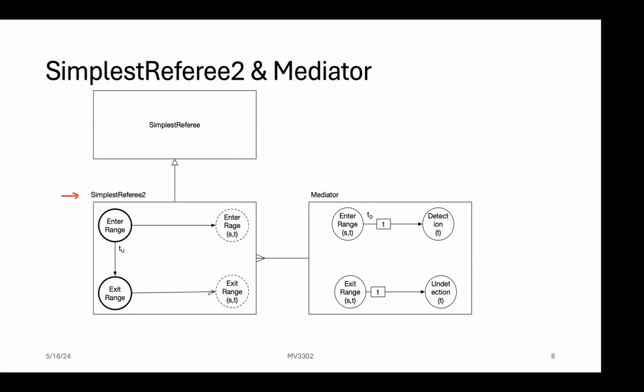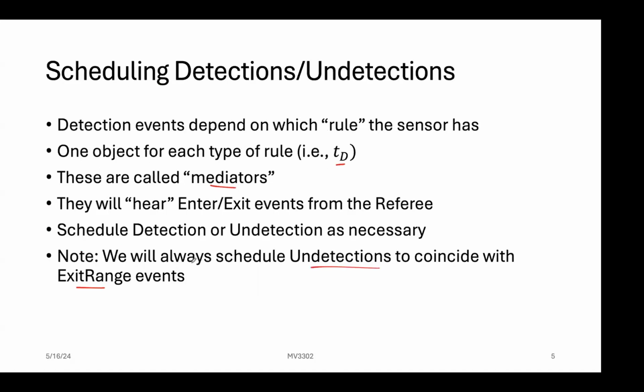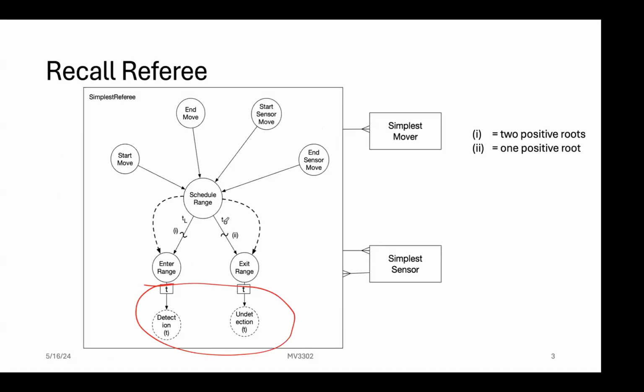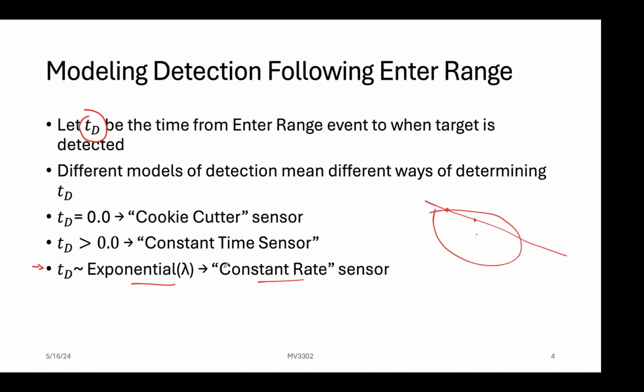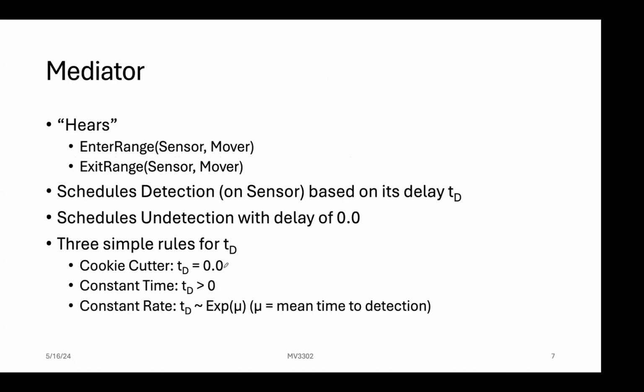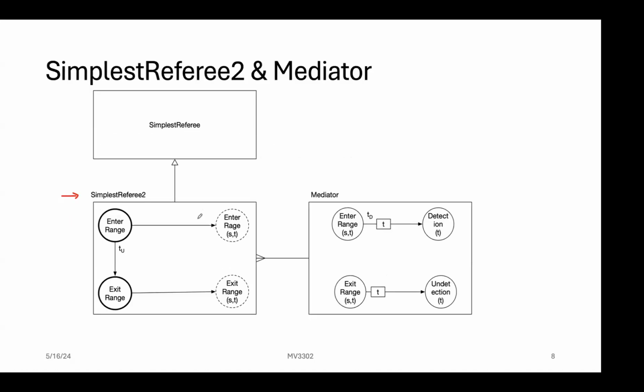And likewise with the exit range, we're scheduling an exit range event with the sensor and the target as the arguments. And then since we want the enter range to also schedule the exit range, if you remember, that was actually left out, but we need to actually do that.